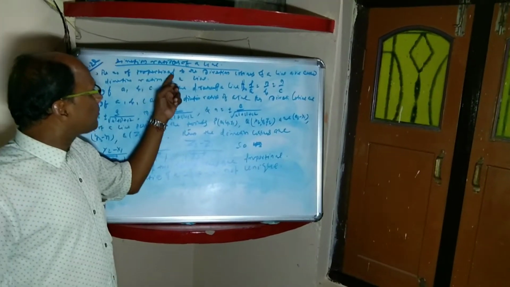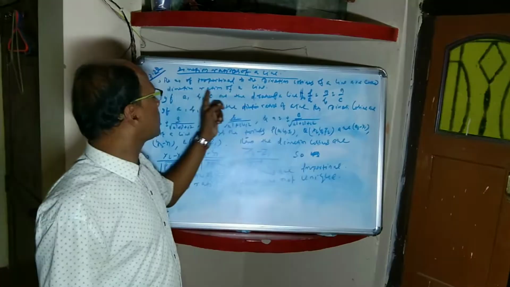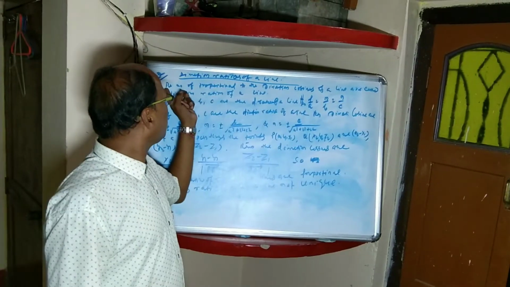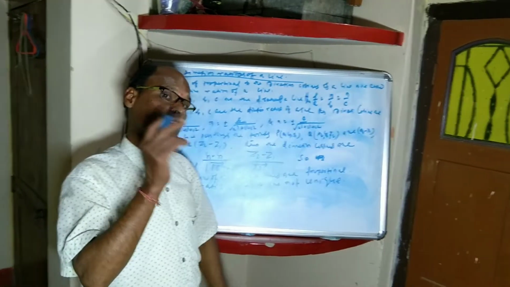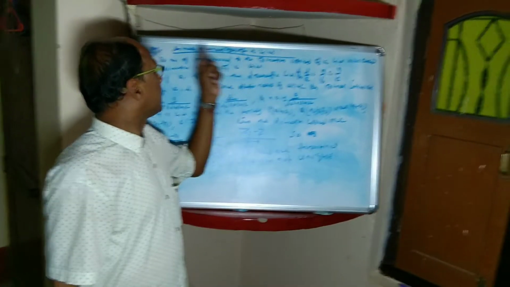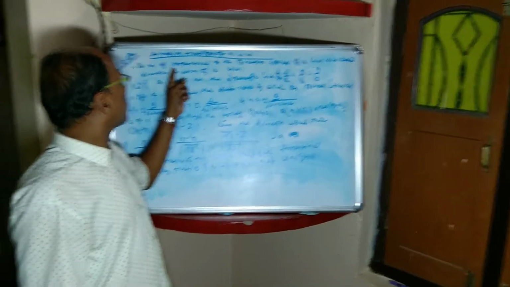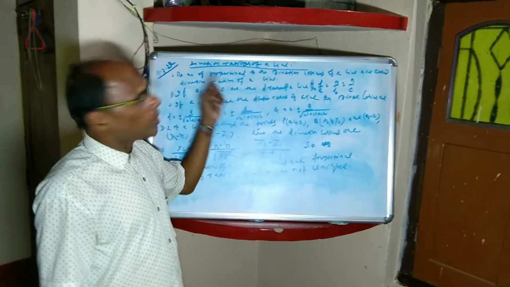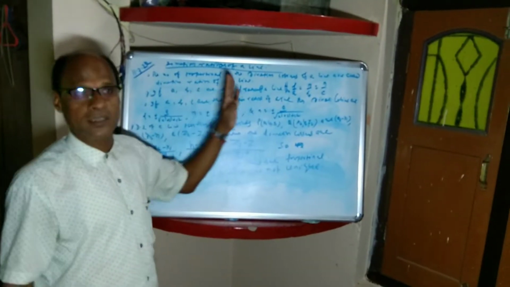The numbers proportional to the direction cosines of a line are called its direction ratios.